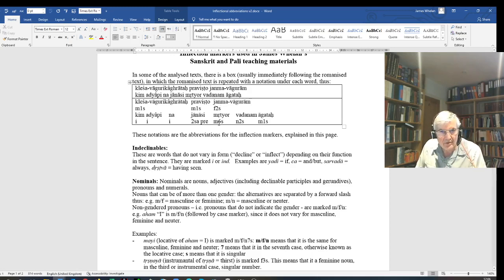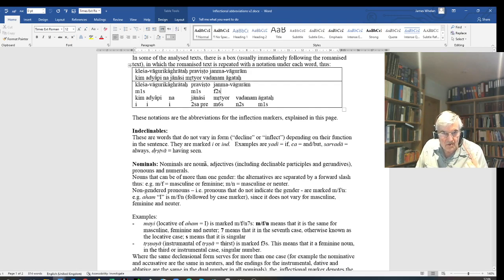So, for example, you can have an F2S, a feminine accusative singular, for a noun, for an adjective, for a numeral, and for a pronoun. So that's the only reason. It's a matter of convenience.